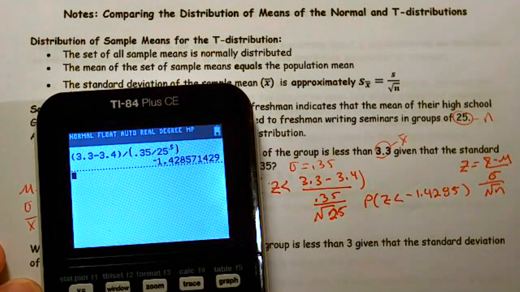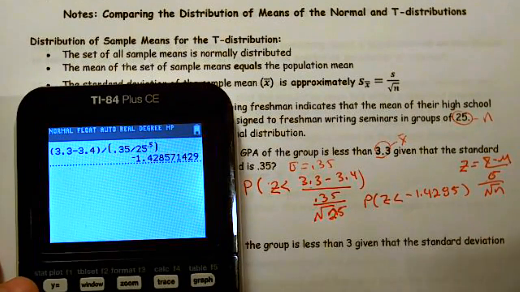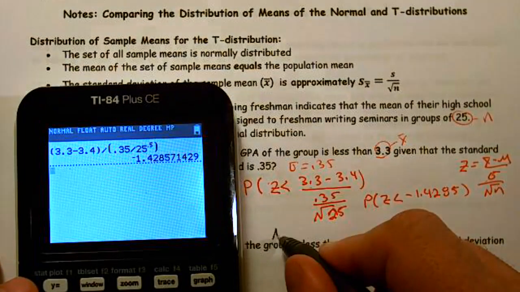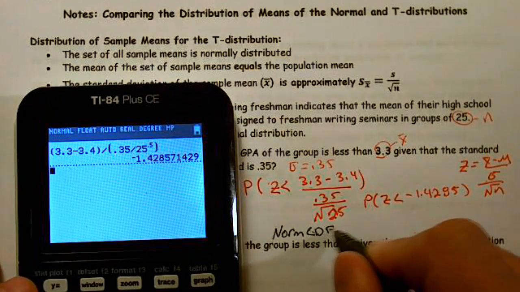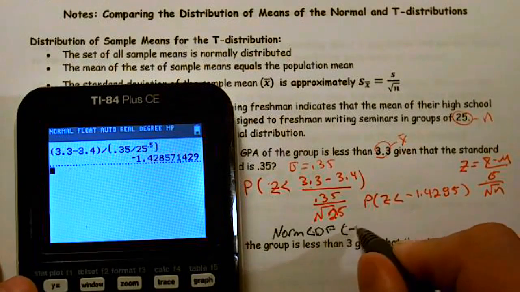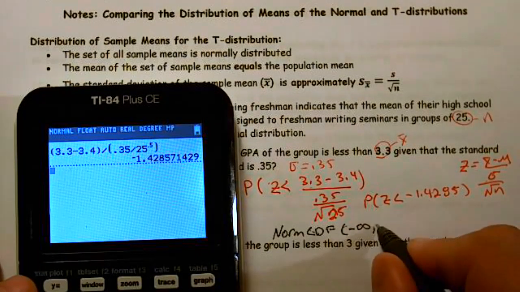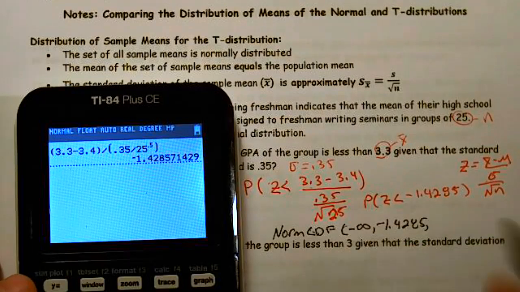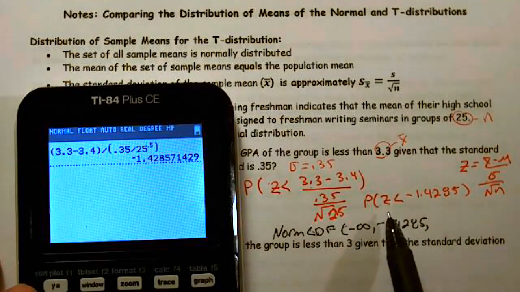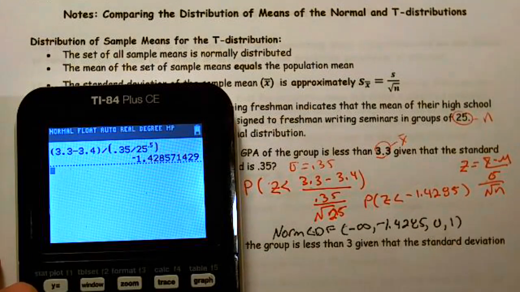We're going to go second vars, normal CDF. So I'm going to do a normal CDF. Norm CDF, lower bound, negative infinity. Upper bound is going to be our negative 1.4285. And because it's a z-score, our mean is 0, and our standard deviation is 1.